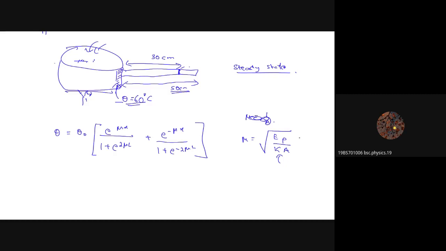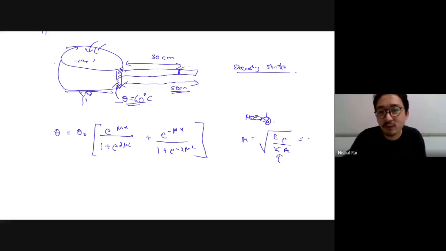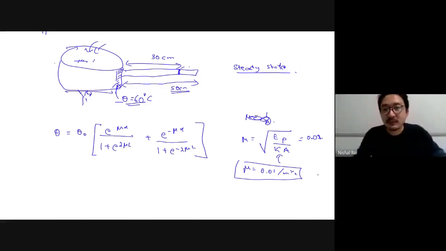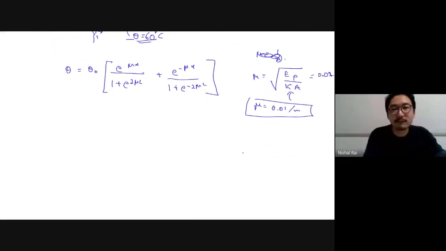So let's consider this as some value, 0.01 per meter. Clear?